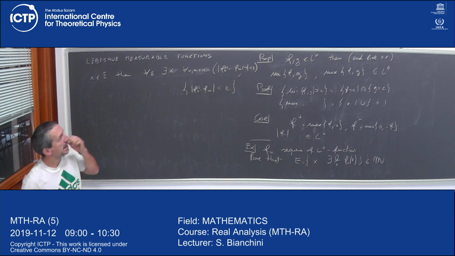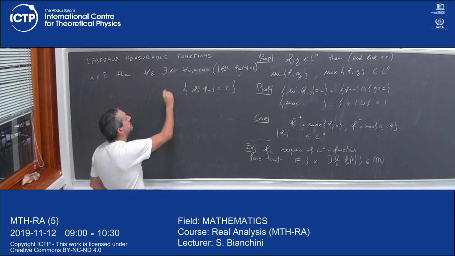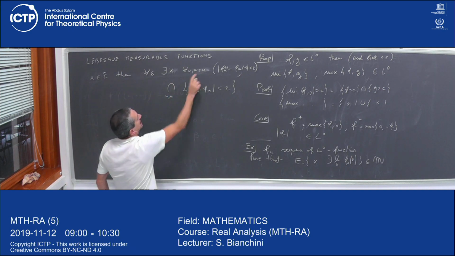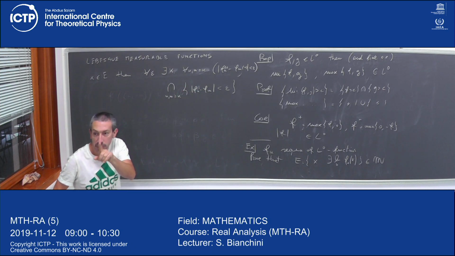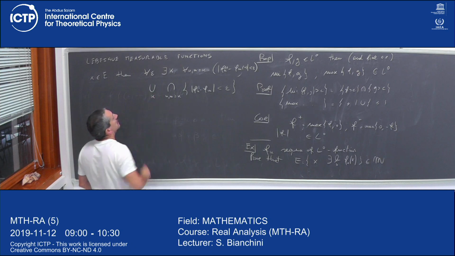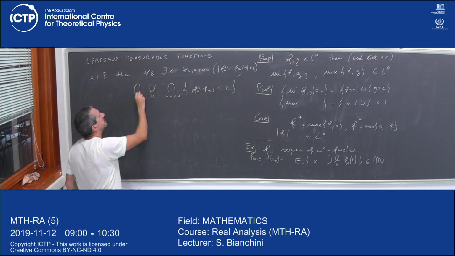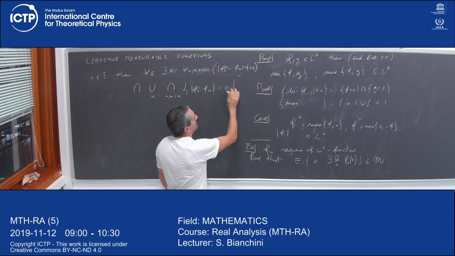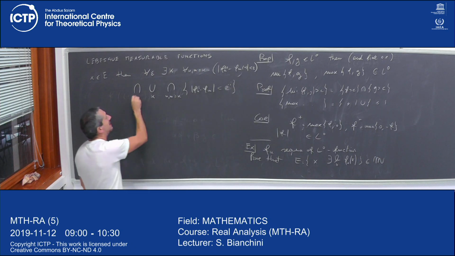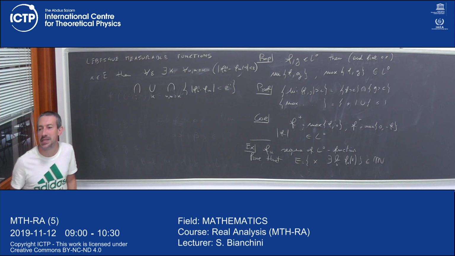For all epsilon means intersection, for all n and m larger than k means intersection, there exists k means the union. Epsilon is uncountable, so I prefer to write 1 over 2 to the minus i.